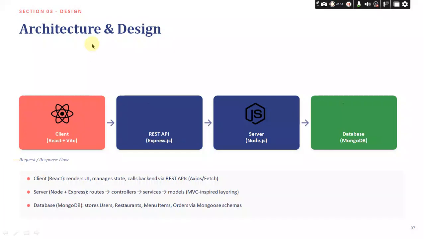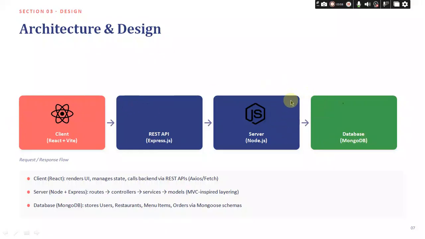So what are we using, and what is the architecture and design? For the UI design we are using React, the backend logic is written in Node.js, and for the database we are using MongoDB.